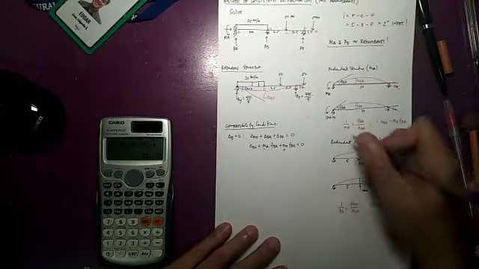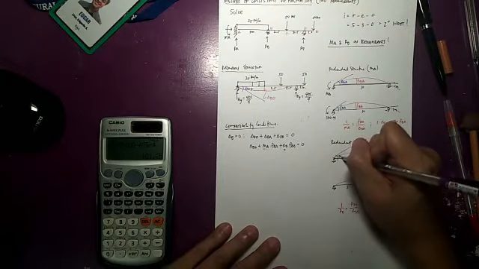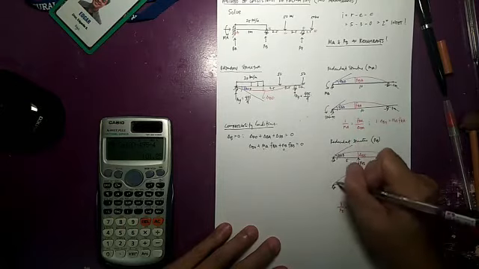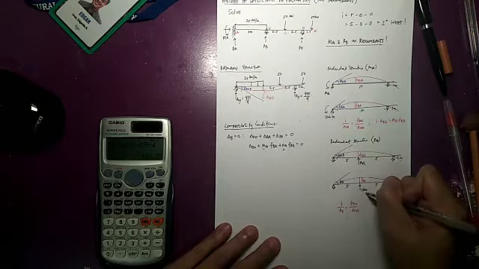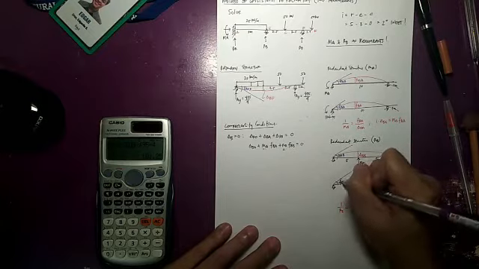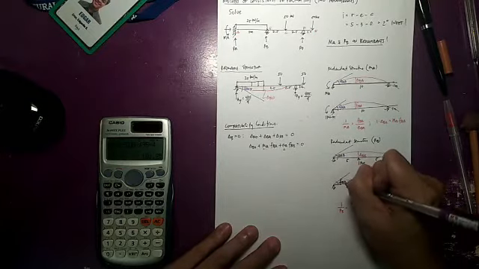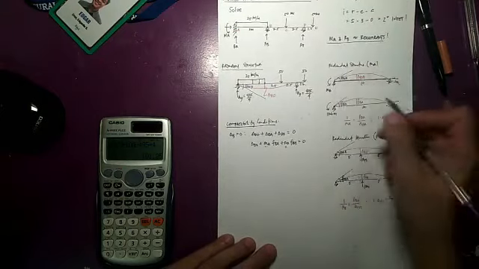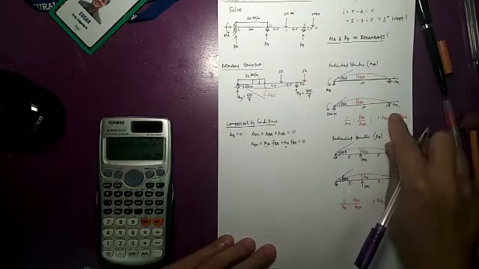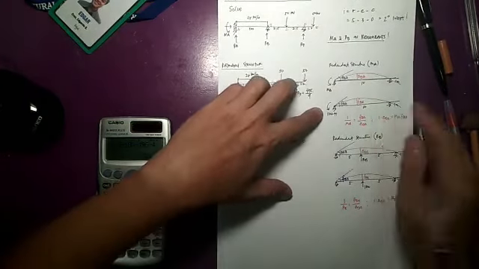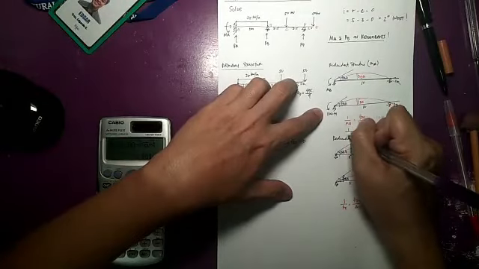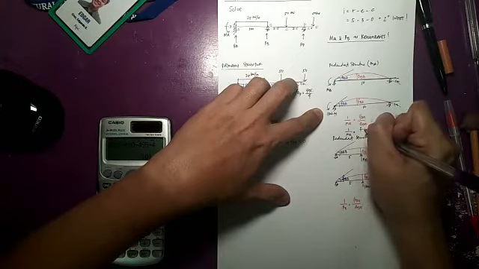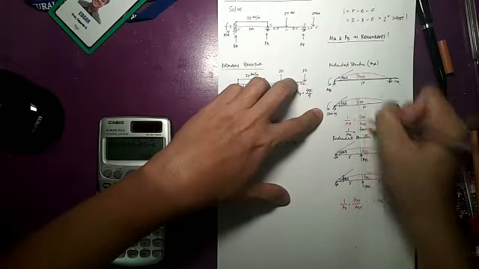While this one is the slope at A due to the redundant at B, small f A B. We could relate these two with the same relationship: 1 kilonewton meter is to MA as FAA is to theta AA.